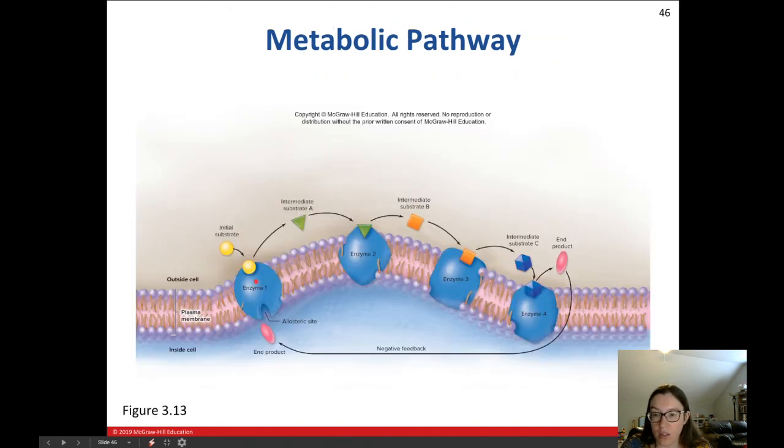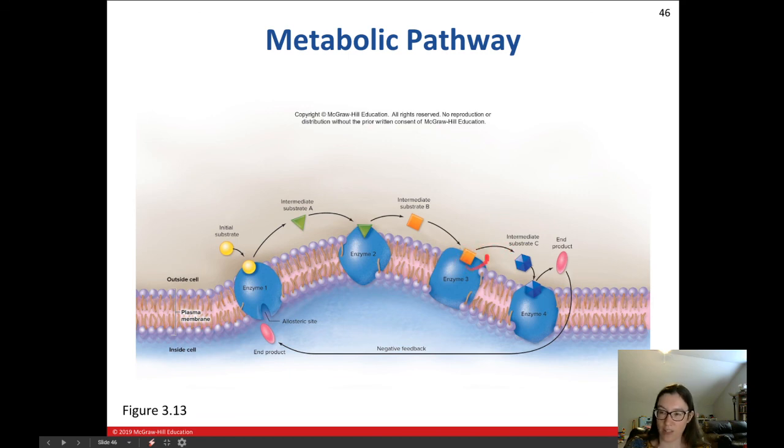We have the initial substrate here, which binds to the first enzyme and turns into this green one. That's the product from enzyme 1. The product from enzyme 1 is then the substrate for enzyme 2, which turns into this orange one, the product from enzyme 2, which is the substrate for enzyme 3, and so on.